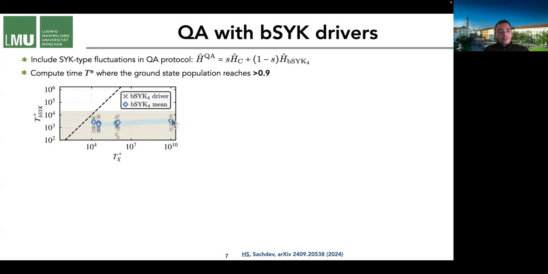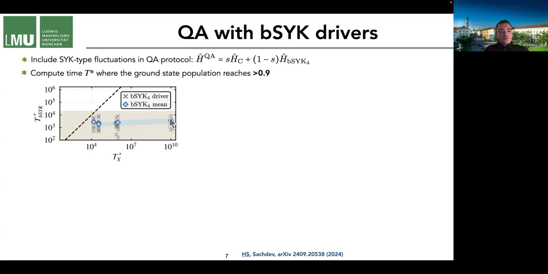Okay, and now we can look at the results here. So each of these vertical lines basically corresponds to one particularly hard graph of this classical MaxCut problem. And then we draw many different bosonic SYK Hamiltonians. We do the annealing schedule, and we check if we reach 90% within this time window. And if we do, we draw a cross here in this vertical direction.